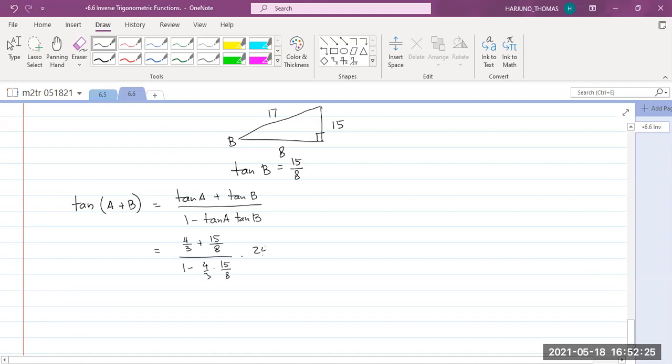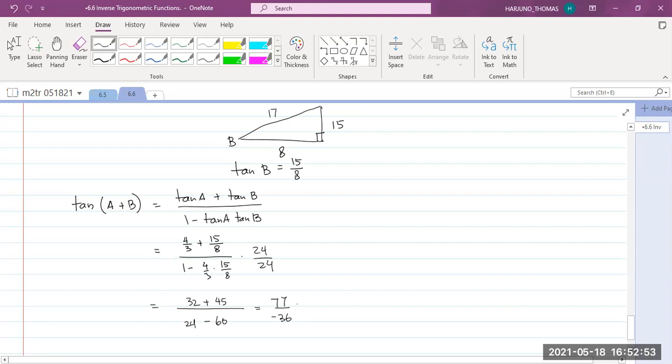Multiply the top and the bottom by the LCD 24. I will get 32 plus 45 over 24 minus 60. That's 77 over negative 36.